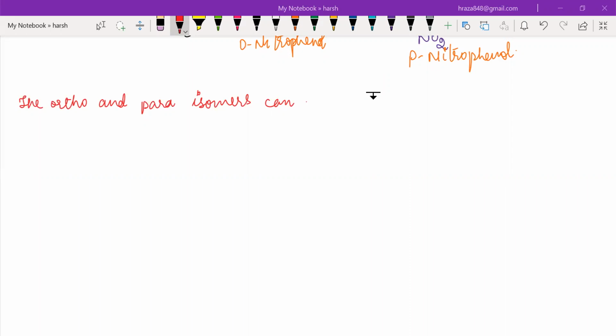Okay. So you can see this ortho and para isomers can be separated by steam distillation.